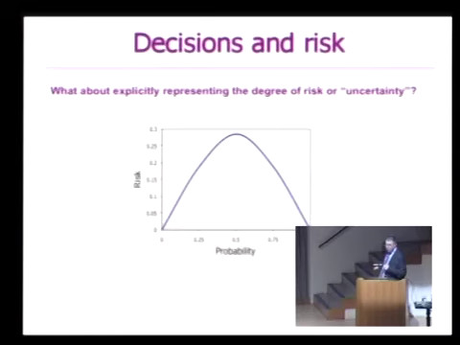Okay. What about, instead of representing things as utility, explicitly representing the degree of risk or uncertainty? If you think about this, let's take a fixed gamble, which has different probabilities. The probability of 50% could be up here. Probability 25% of winning, let's say £100, will be here.